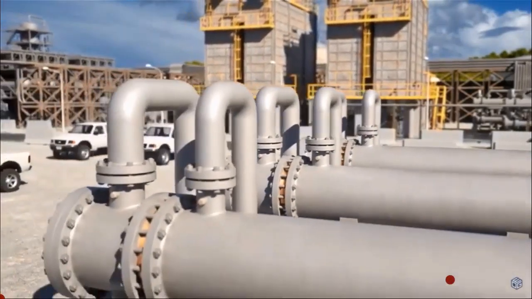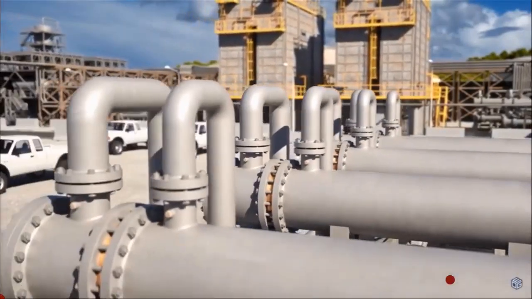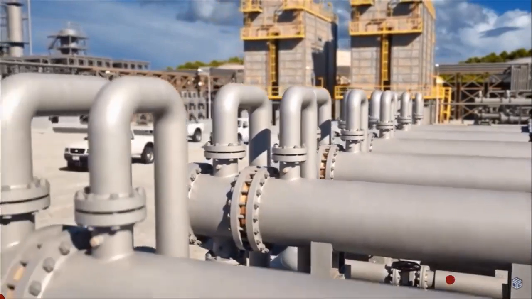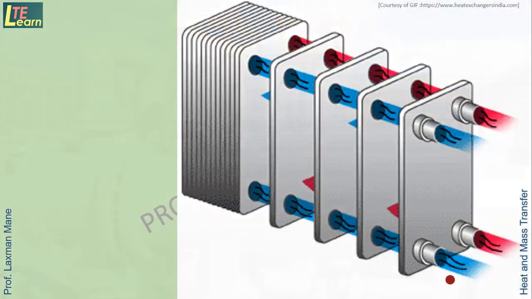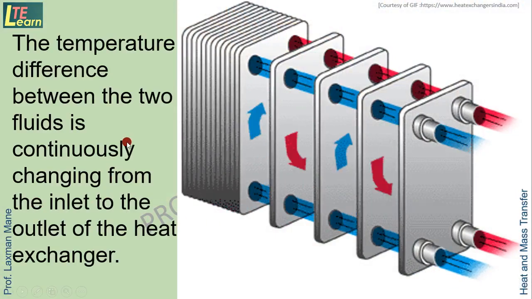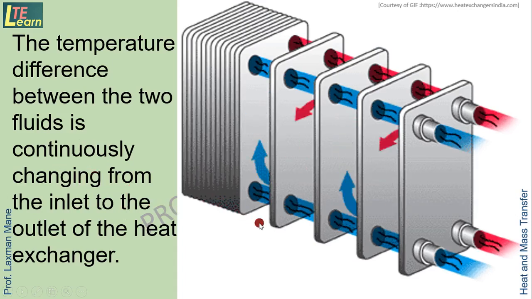In a heat exchanger, heat exchange takes place between the hot fluid and the cold fluid. So there is a temperature difference between the two fluids which is continuously changing from the inlet to the outlet of the heat exchanger.